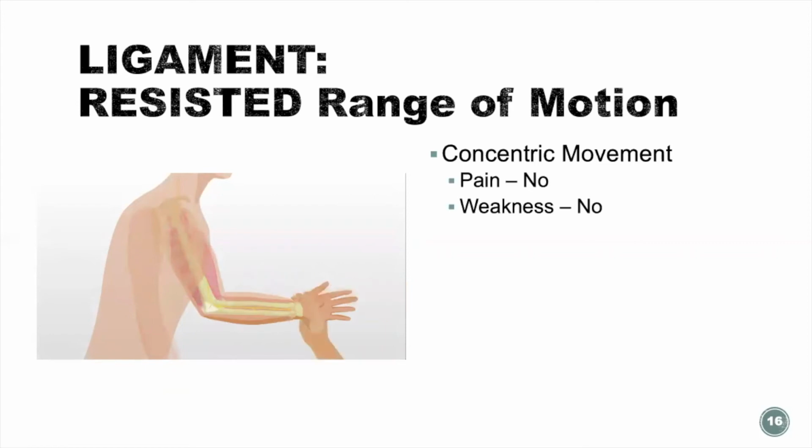The pain comes when there's actual movement of the ligament, which is changing how the ligament is either stretched or not stretched, and any movement that's happening. And we will, again, not experience weakness because there's no force that's being produced by a ligament, only with muscles and with nerves. So this was with ligaments and the resisted range of motion.